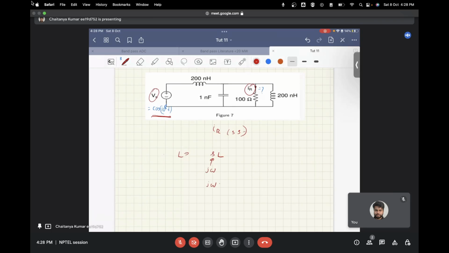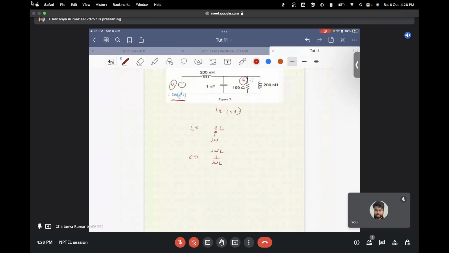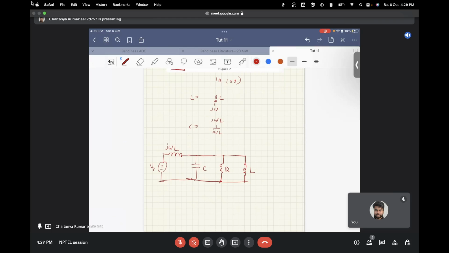So impedance becomes j omega L for the inductance, and the impedance for capacitance becomes 1 upon j omega C. So if we substitute these values over here, now since both the inductors have the same value, let's call both of them L, the capacitor C, and the resistor R. So what we get over here is an inductor L, a voltage source Vs, then a capacitor, a resistor, and an inductor L. So let's call it j omega L, 1 upon j omega C, and again j omega L.